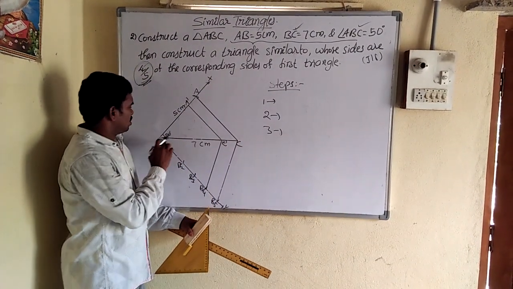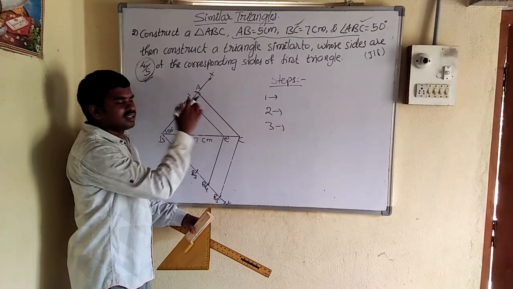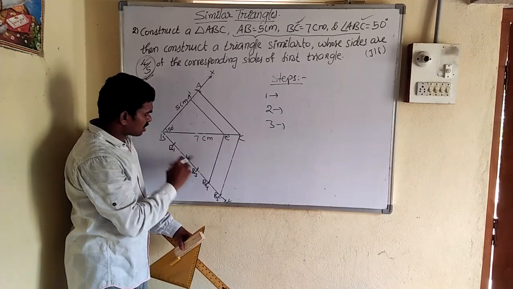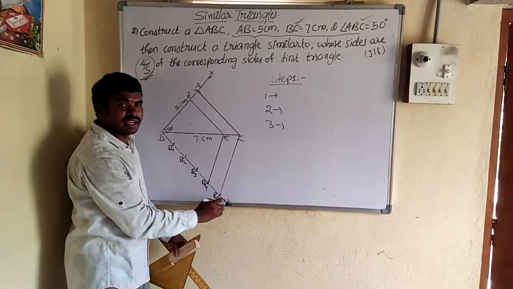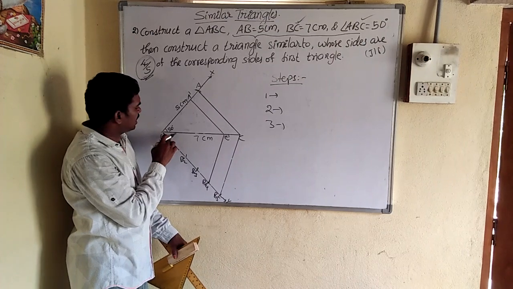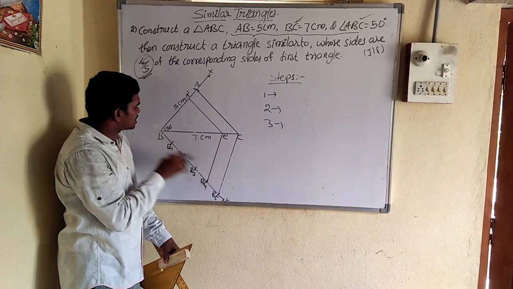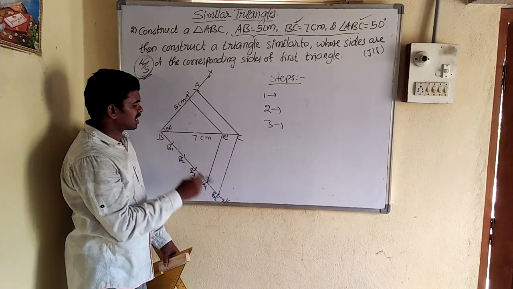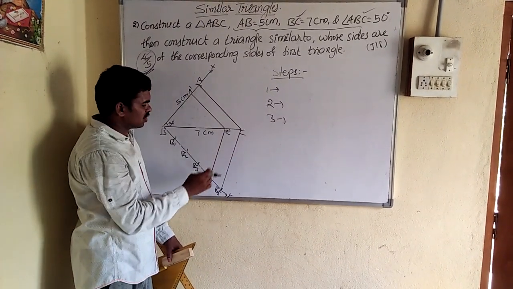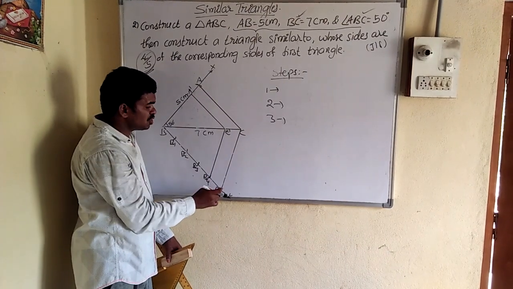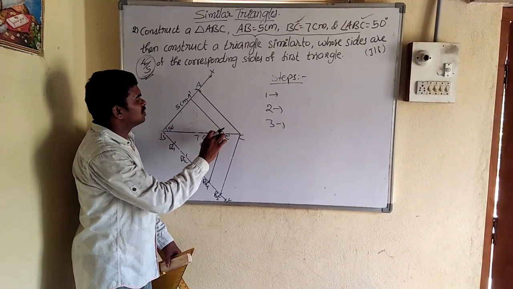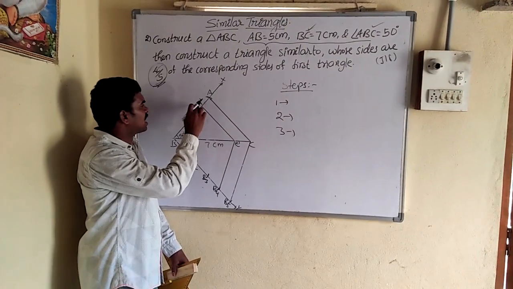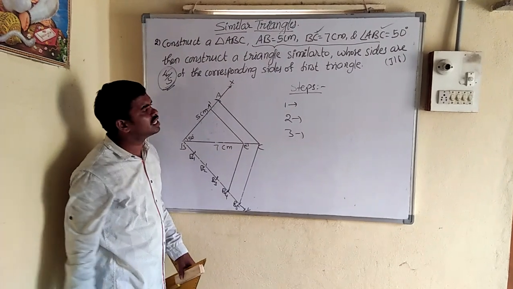Now triangle ABC is constructed. Next, draw a ray BY with some acute angle, and draw arcs such that B1, B2 up to B4, B5 are equal. Next, join B5C. Next, draw a line B4C dash parallel to B5C, and join C dash A dash parallel to CA. Triangle A dash B C dash, the required triangle, is constructed.